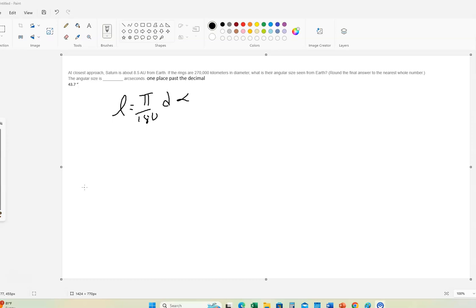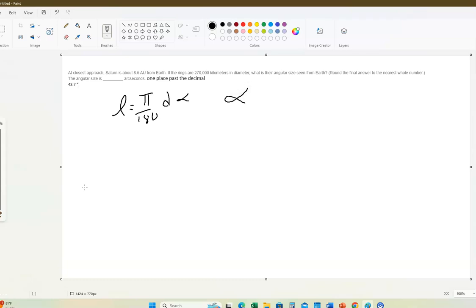All right. So if I rearrange this and solve for alpha, really, that's what they're asking for, alpha, that's going to equal... the 180 goes over. So it's going to be 180 over pi. We did a very similar problem earlier.